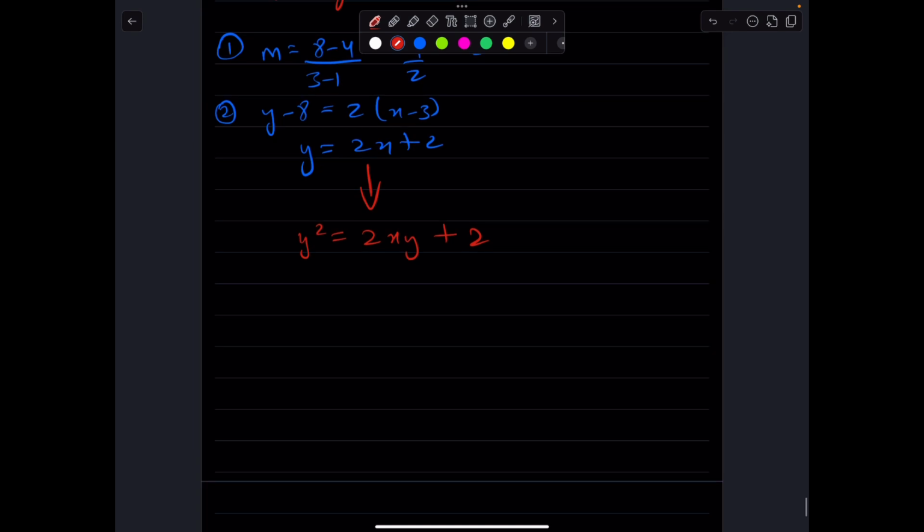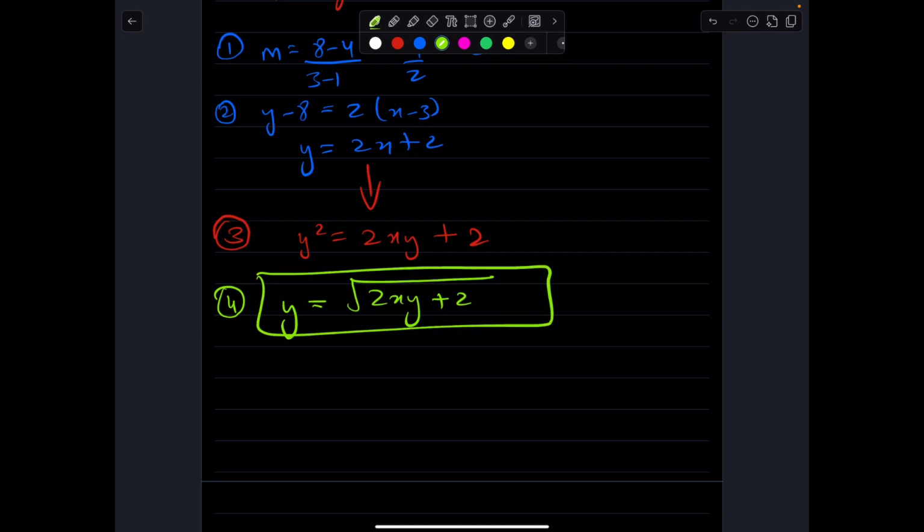So we need to make y the subject. Alright. So we'll square root both sides. Since we are asked to express y in terms of x, and we aren't asked to make y the subject of the formula, so simply express y in terms of x, and this is what we have. That's it.